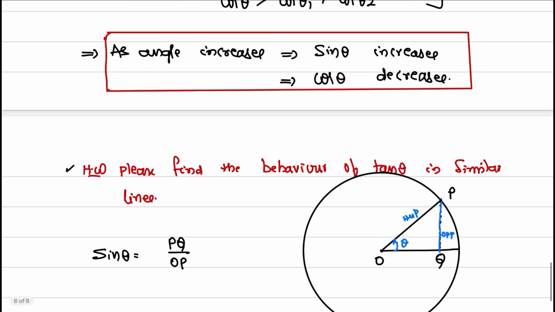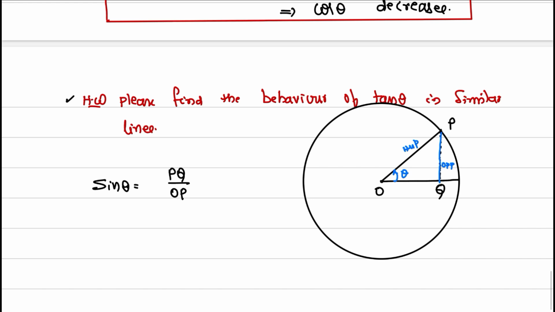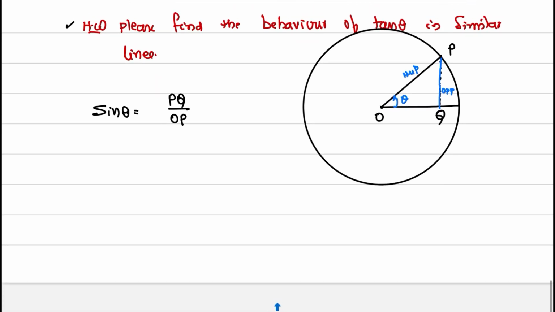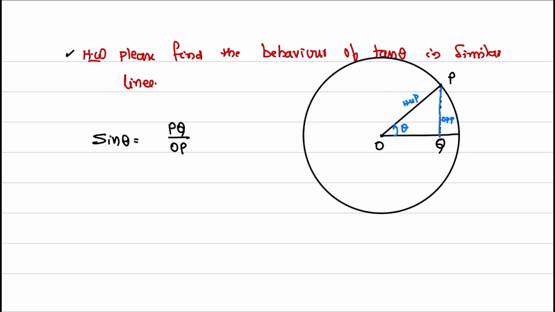And as theta decreases, PQ decreases. That means, because OP, that hypotenuse, is constant, theta is directly proportional to PQ, or PQ is directly proportional to theta.